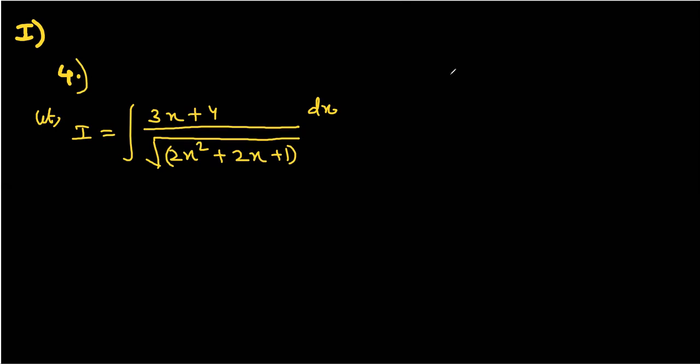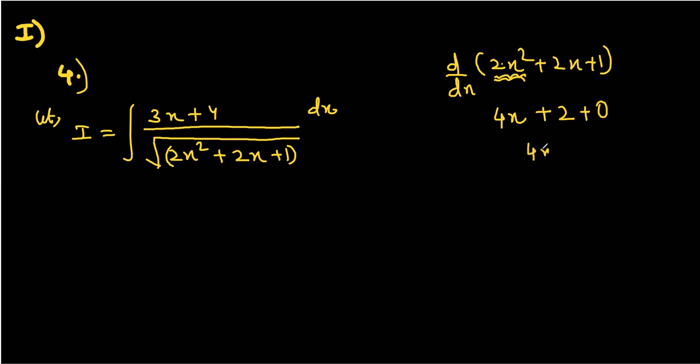What is d by dx of 2x square plus 2x plus 1? Derivative of 2x square is 2 into 2x, 4x, plus 2. Derivative of 1 is 0, so finally it is 4x plus 2. I will try to get 4x plus 2 here.